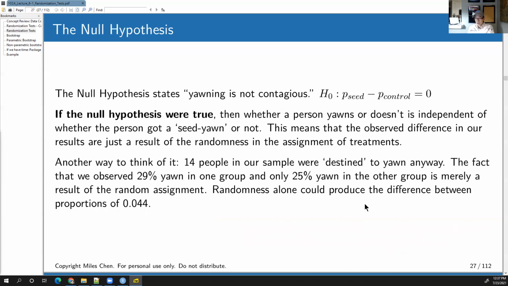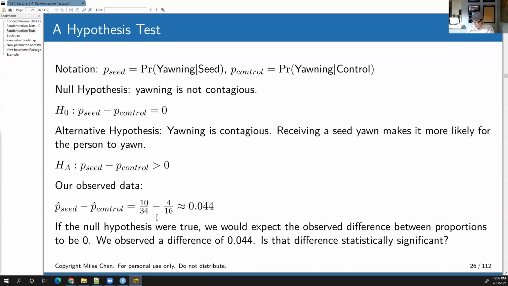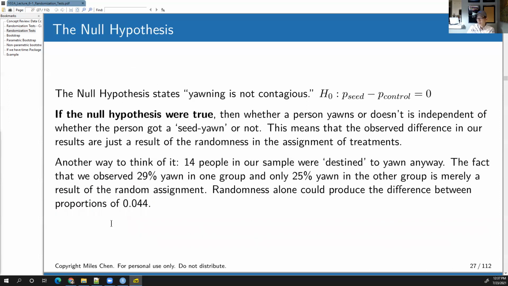All right, so what we're going to do is we are going to ask what kind of values can we get for the difference, probability of yawning in the seed group minus probability of yawning in the control group, if the null hypothesis were true, okay?